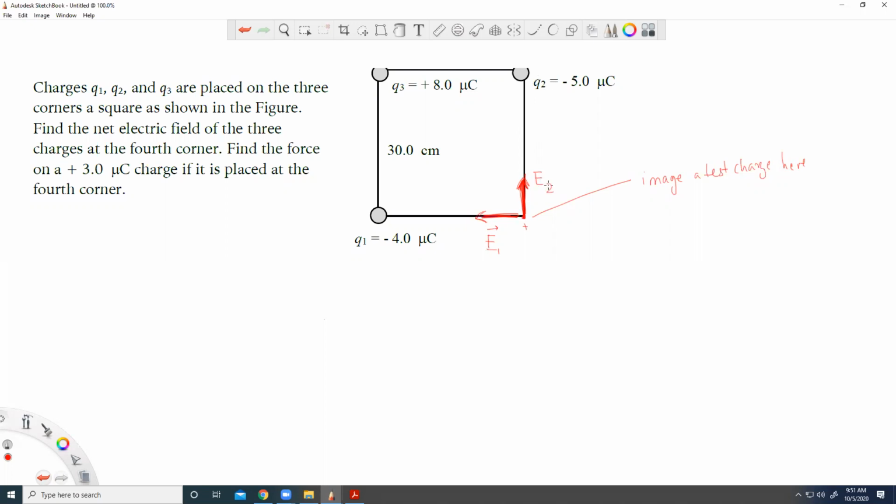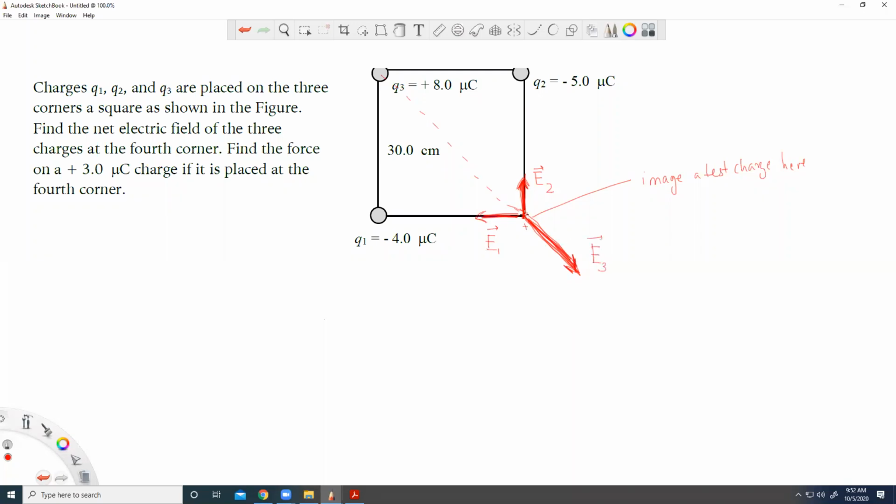Let's call that E2. How about this one? This tends to repel the test charge away from it. So that would be the direction. I'm drawing this thick line here to show you the direction. So that's E3.